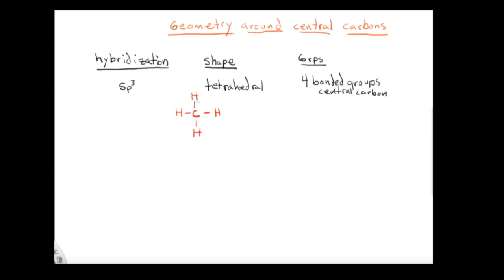So to do the hybridization, you count the electron groups and you subtract 1. So there's 1 here, 2 here, 3, and 4. This molecule is sp3 hybridized, and it's also tetrahedral. The bond angles are going to be approximately 109.5 degrees.